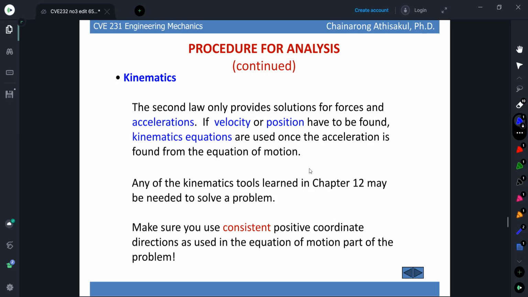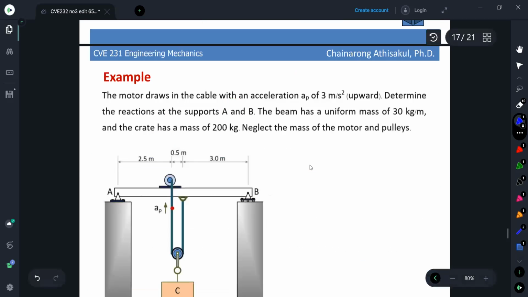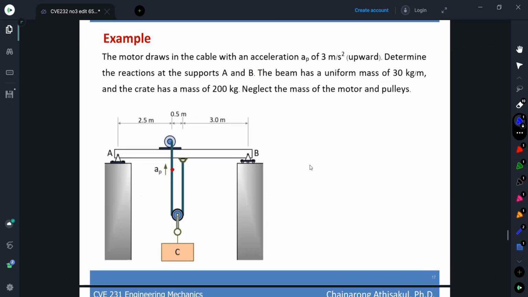We have to make sure to use a consistent positive coordinate direction, the positive sign convention, when we apply the equation of motion. The free body diagram and kinetic diagram are very important for solving the problem. So let's take a look at this problem.